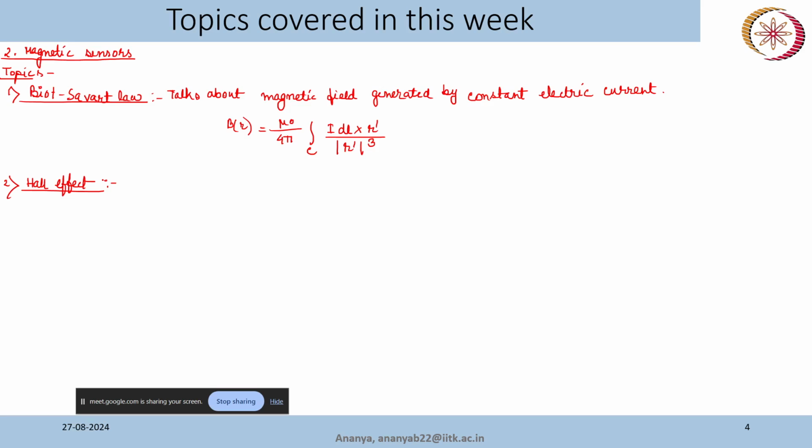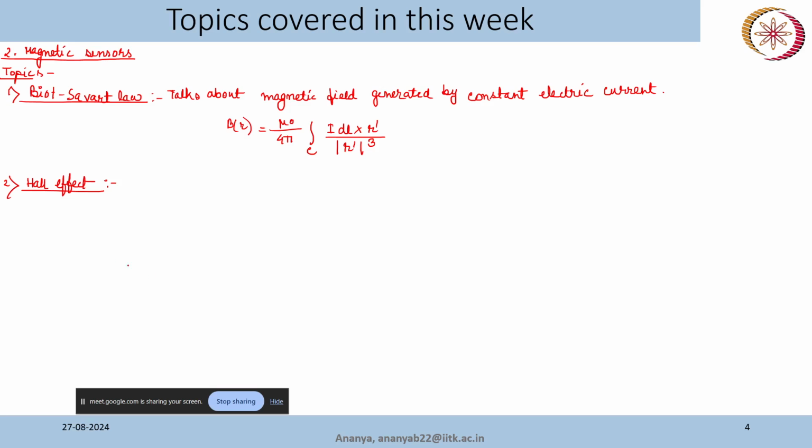If it is a p-type material, then it is used to measure the concentration of holes, that is p, and if it is an n-type material, then using Hall effect the concentration of electrons can be measured. Another parameter that can be measured using Hall effect is the mobility of electrons or holes.